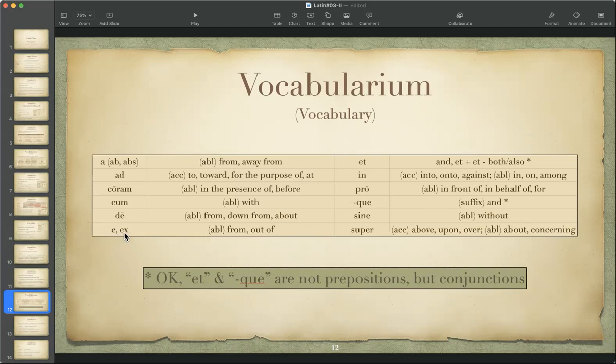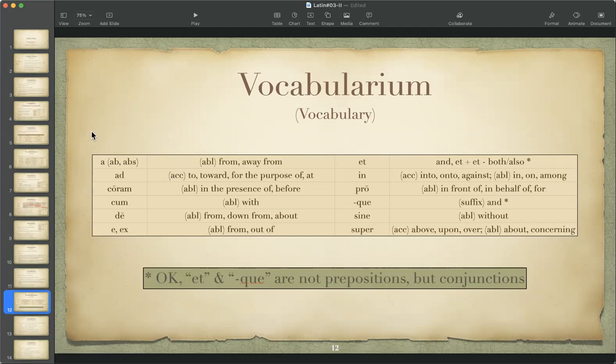Then we already saw ex, meaning from or out of, ex cathedra. I'll get the emphasis, the accent on the right syllable. Now, why did we list 3 here and 2 there? And the answer is, if the noun begins with a consonant, then you can use the A. If there is a vowel there, then you have to use the op or ops.